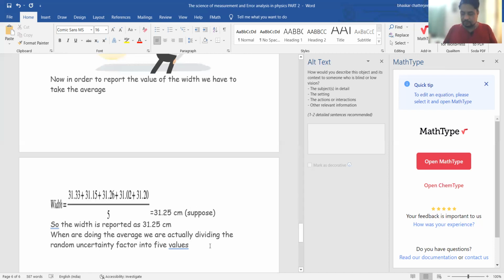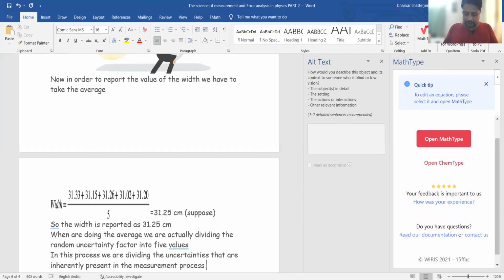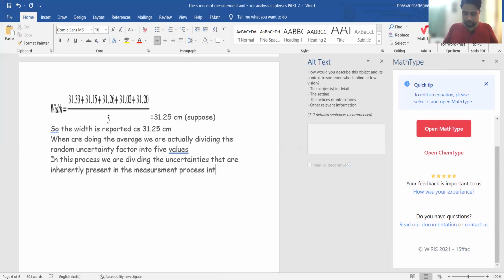In this process, we are dividing uncertainties that are inherently present in the measurement process into 5 values.